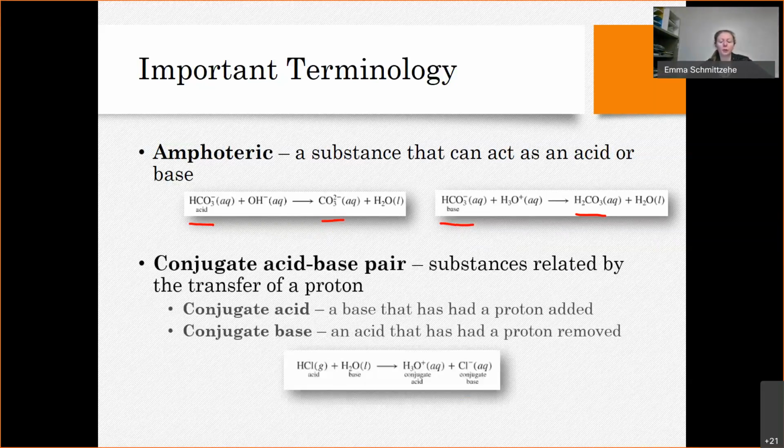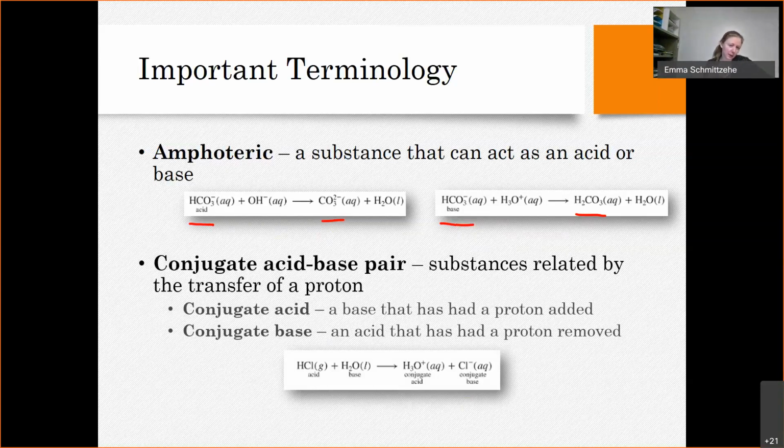There's another important set of terms that you need to be familiar with. When we're talking about this Bronsted-Lowry type of acid-base behavior, what we have is conjugate acid-base pairs. In a Bronsted-Lowry reaction, you always have two conjugate acid-base pairs. These are substances that are related by a transfer of a proton, meaning they're one proton, or one H plus, different.